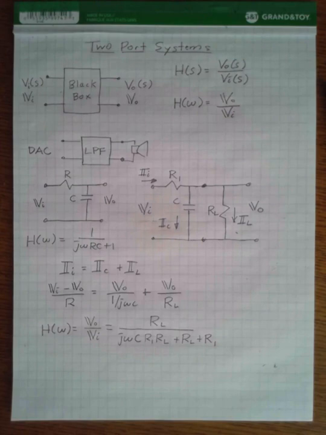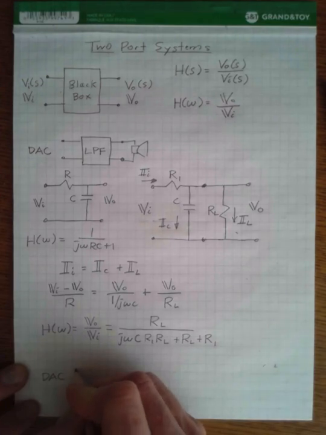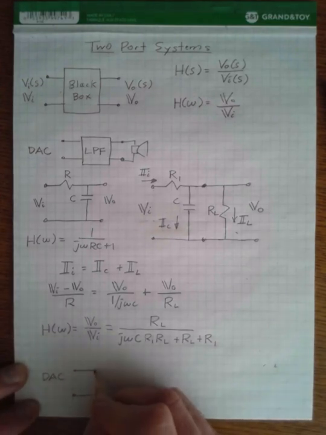And basically the whole purpose of two-port systems and two-port network analysis is to allow us to do things like cascading two-port networks together. So we could have a digital to analog converter, and maybe this digital to analog converter has a DC offset, and so we want to get rid of that DC offset.